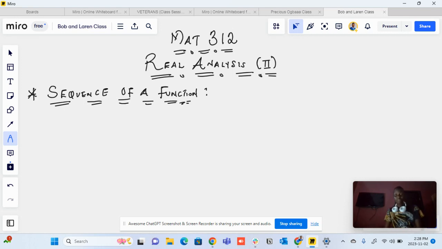I would like to give a very clear explanation to this. So I would like to give the definition. What do we mean by sequence of a function?